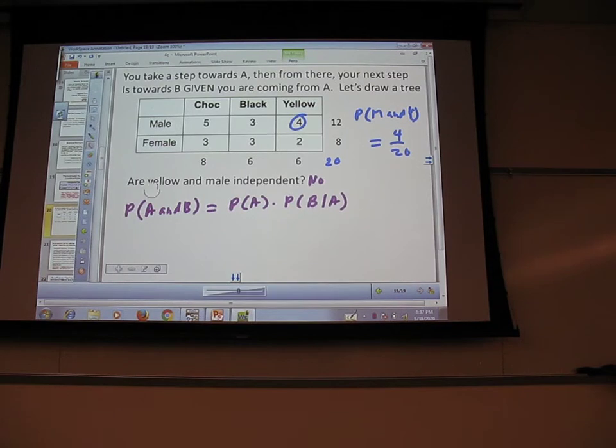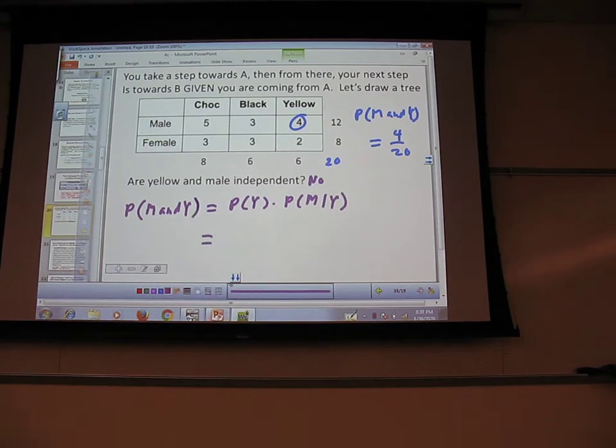Let's make it into things that we're familiar with. So this is male and yellow, right? So we'll call it the probability of male and yellow is the probability of yellow times the probability of male given yellow. Is that okay? So what's the probability of yellow?